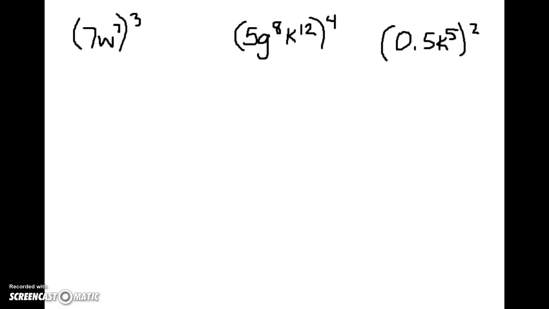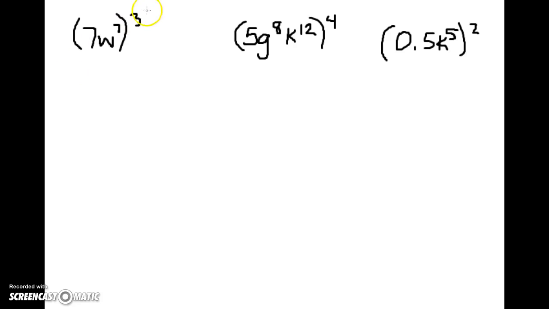Now, when I'm looking at this, I'll start with this one all the way over here on the left. 7w to the 7th, all to the 3rd power. You really want to focus on the parentheses and pay attention to where those are, because those will show you what you are actually doing in this case.